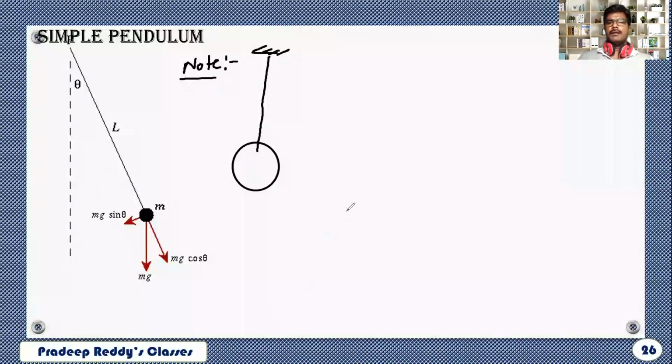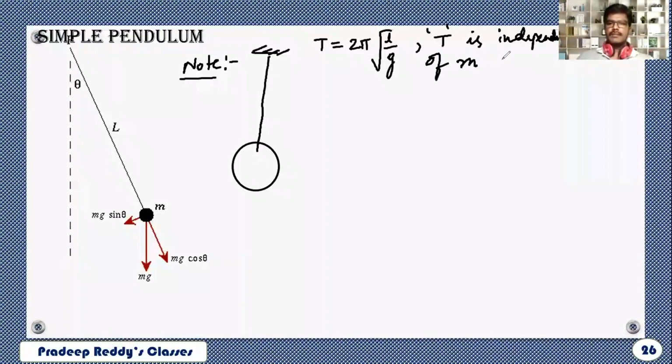So as we already have seen, the equation T is equal to 2 pi under root L divided by G. Time period is independent of mass of the pendulum.